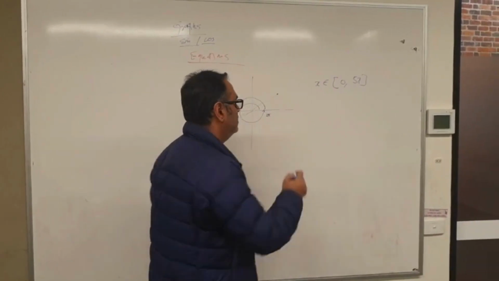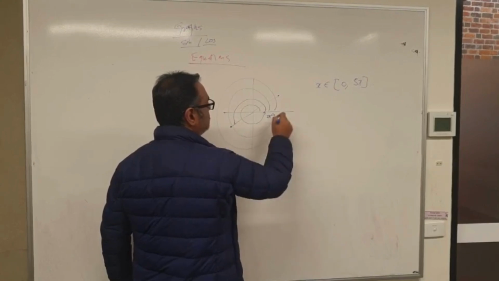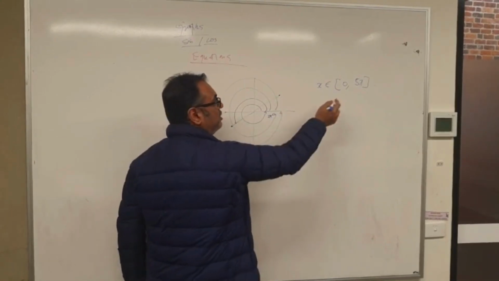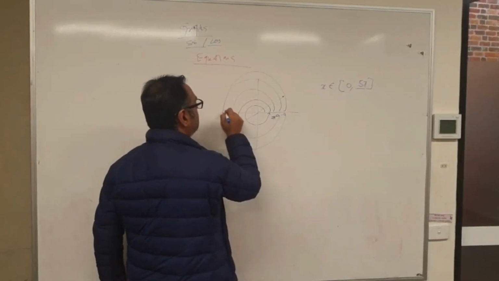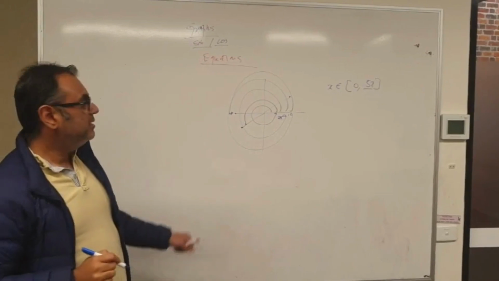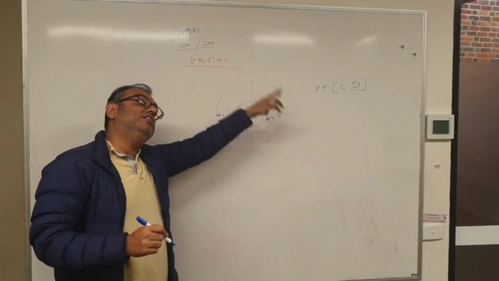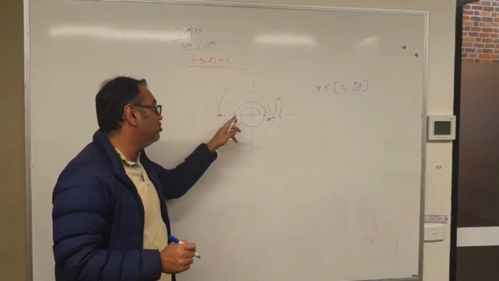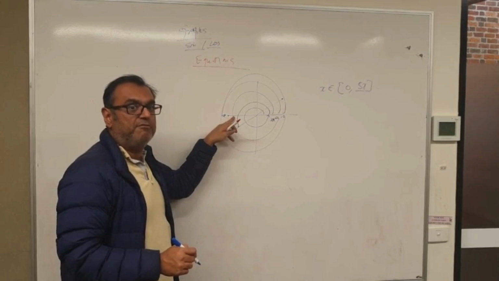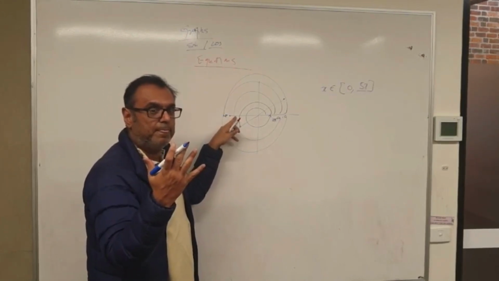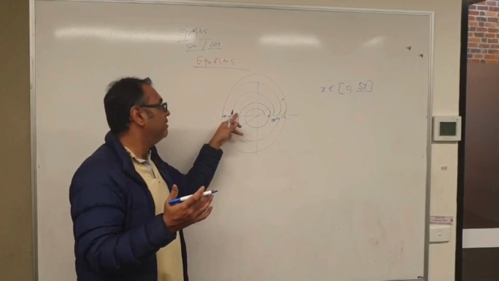So first rotation 0 to 2 pi, second rotation 2 pi to 4 pi, and you need to go until just 5 pi. A full rotation would give you 6 pi. 5 pi means you stop here. The third half rotation would not let you come here. 5 solutions: 2, 2, 1.